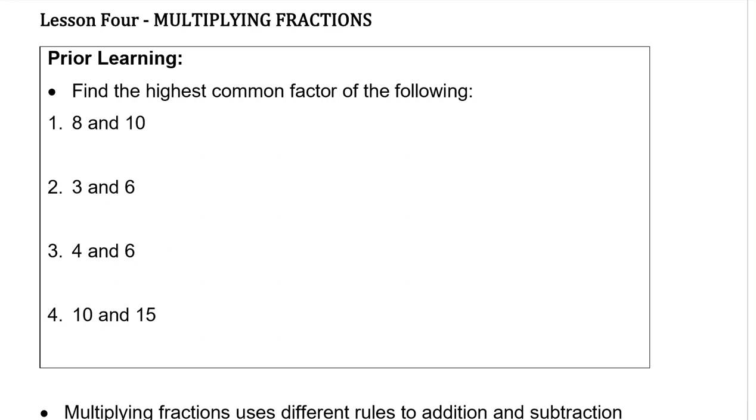So, to find the highest common factor of 8 and 10, when we did this in integers, I got you to write out all of the factors of 8, which starting from 1 would be 1 times 8, and 2 times 4, and then that would be my list: 1, 2, 4, 8.